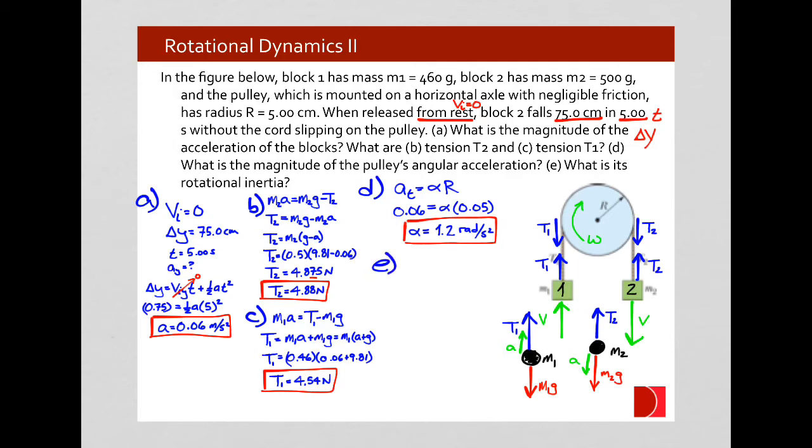Finally, we're asked about the rotational inertia of the pulley. We know that the pulley has some mass and it has some radius, and it's taking some effort to get it to rotate. We know how fast it's rotating. We know how much its angular acceleration is, and we want to find its moment of inertia, or its rotational inertia.